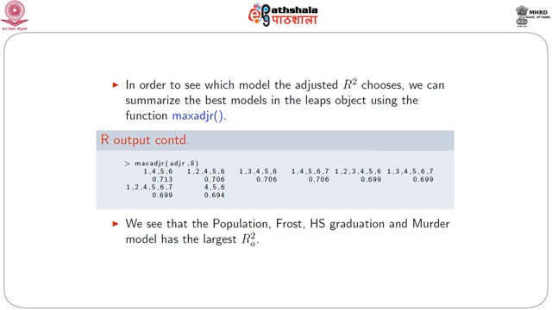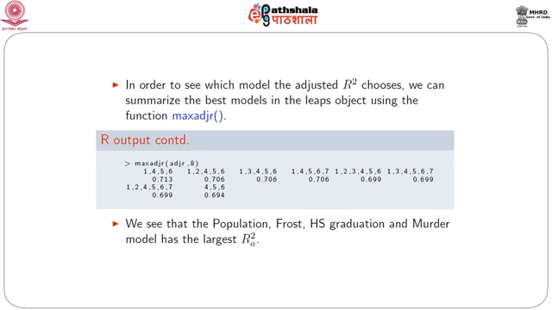Now, in order to see which model the adjusted R square chooses, we can summarize the best models in the leaps object using the function max adjr. After using this function, we can see here that the first model output contains the predictors 1, 4, 5 and 6, and the corresponding max adjusted R square is 0.713.